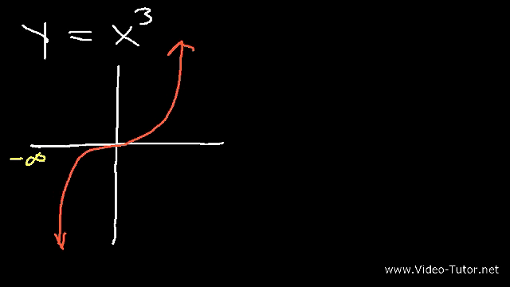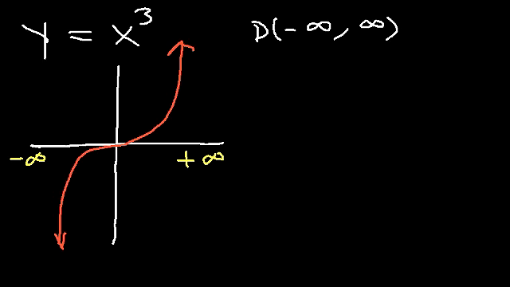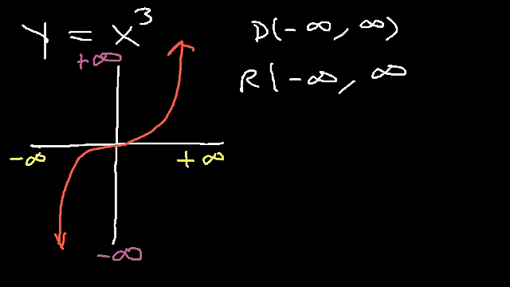It can keep moving towards the left. And the highest x value is infinity. So the domain includes all real numbers. x can be anything. Now, analyzing the range, we can see that the lowest y value is negative infinity, and the highest is infinity. So the range also varies from negative infinity to infinity, which is true of any cubic polynomial function.